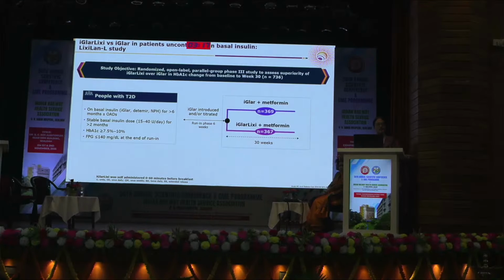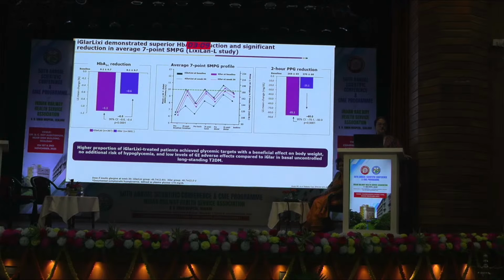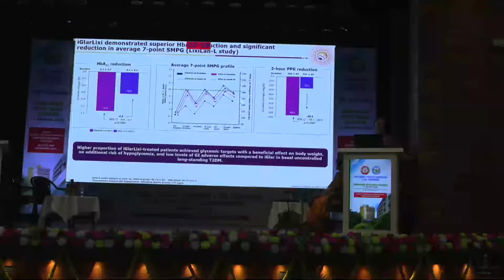One was on iGlarLixi, that is what I'm talking about, and the other was on only Glargine insulin along with metformin. After 30 weeks of the study, around 0.5% HbA1c reduction was there. SMPG or the 7-point values were also on the lower side, and around 60 milligram per deciliter reduction in the PP was seen.